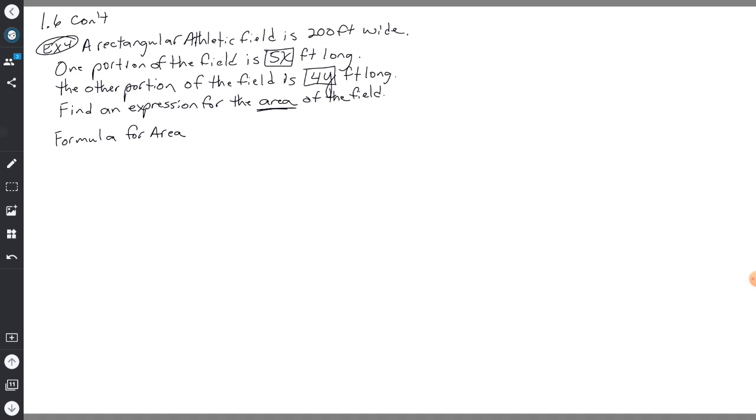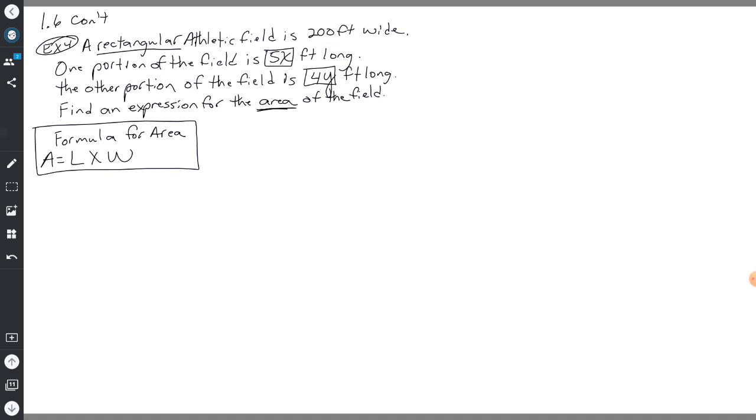Okay, yeah, length times the width is equal to the area, for a rectangle, that is. Now our goal is to put this information into an algebraic expression.